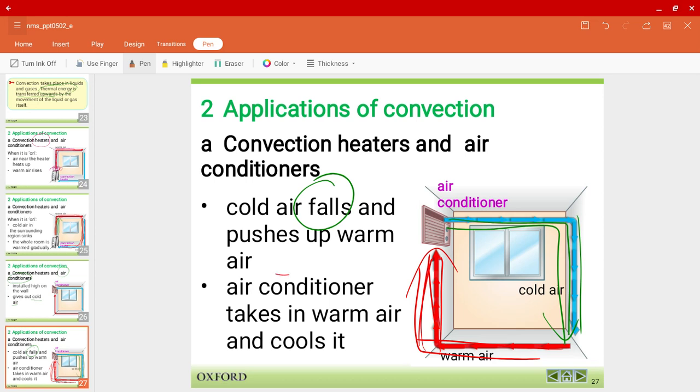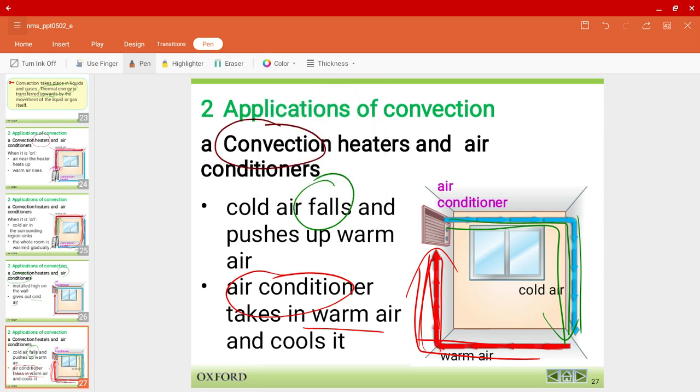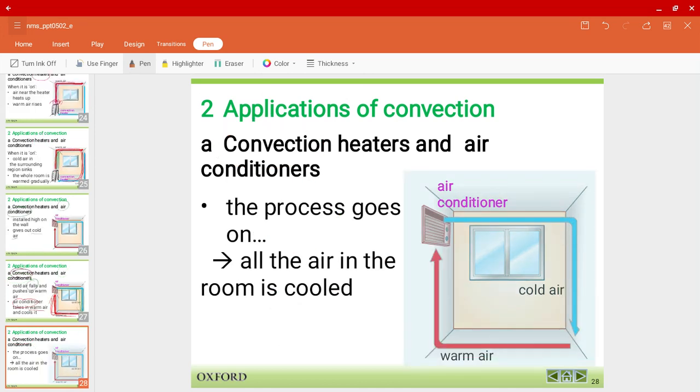The air conditioner will take in this warm air, and because inside the air conditioner it has a whole system to make the warm air cool, that is how the air conditioner works. So it's also using the process of convection to make the room cool. This process keeps on going: the cold air comes down, the warm air goes up, and the air conditioner cools it down, and eventually all the air in the room is cooled.